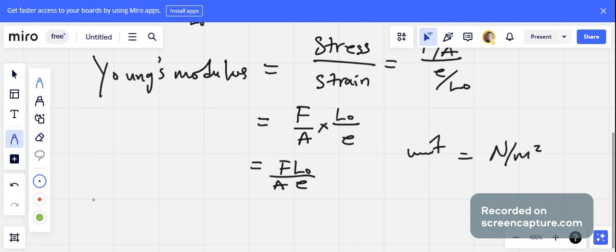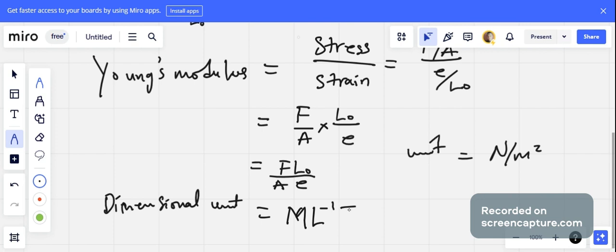The dimensional unit of Young's modulus is capital letter M per length per time squared. So this is the dimensional unit of Young's modulus.